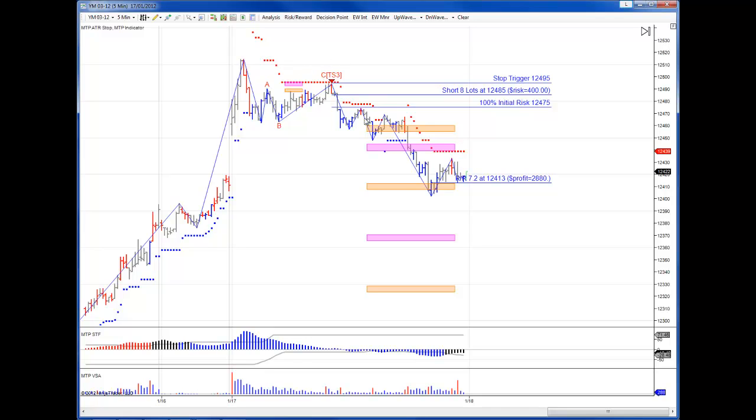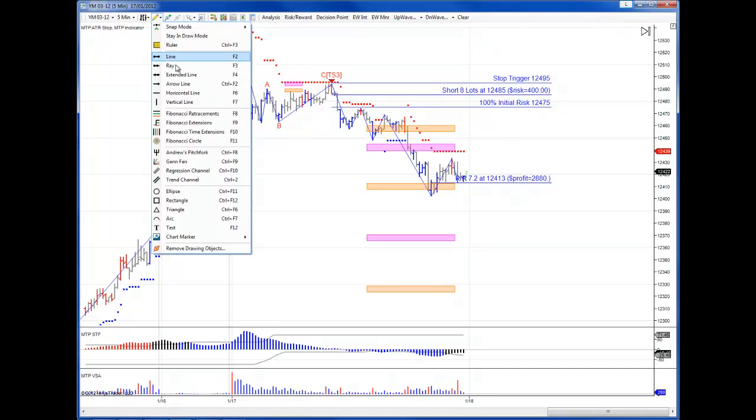It then gets you into what is considered the strongest and longest move in any completed 5-wave Elliott wave sequence, which is the wave 3, so it allows you to have a trade with the largest potential profit for the smallest initial risk, and that's why it's my favorite trade setup. As you can see, the result of this trade was a lovely plus 7.2R profit at the typical wave 3 WPT, which was 7.2 times greater than the initial risk, so approximately $2,800 return for a $400 initial risk.